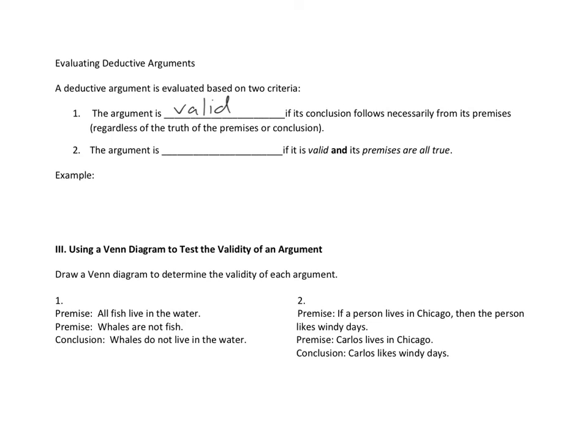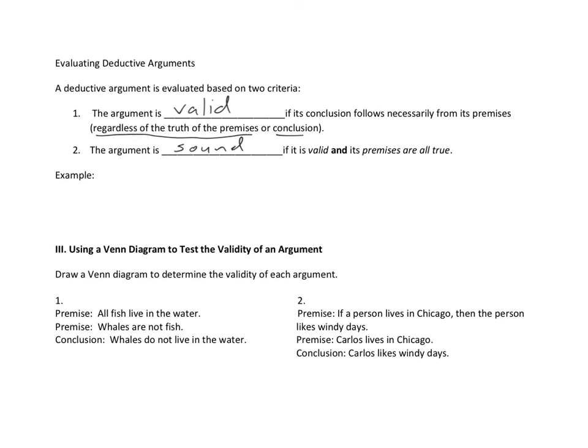It doesn't matter if the premises are true or false. If we can get to the conclusion clearly, then it is a valid argument. The other criteria is the soundness of an argument. An argument is sound if it's valid and all the premises are in fact true.